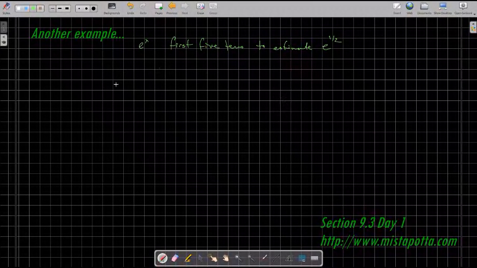So if I'm doing that, remember that e to the x is equal to 1 plus x plus x squared over 2 factorial plus x cubed over 3 factorial plus x to the 4th over 4 factorial plus x to the 5th over 5 factorial plus etc. Now, if I want only the first 5 terms, I'm really terminating here.